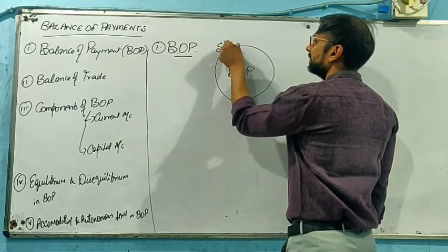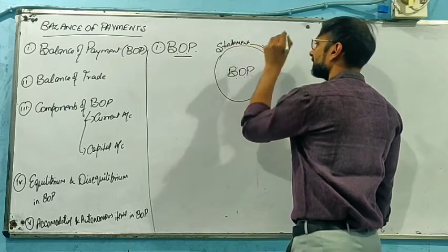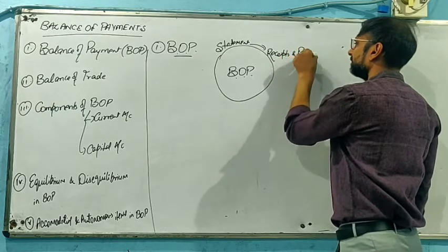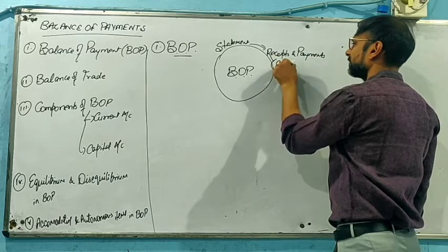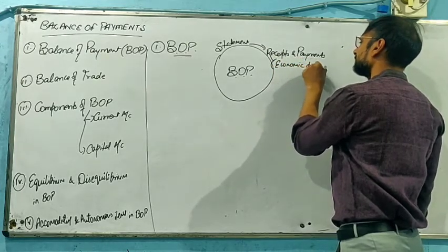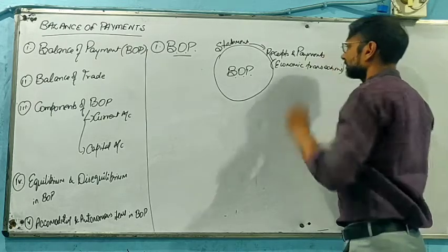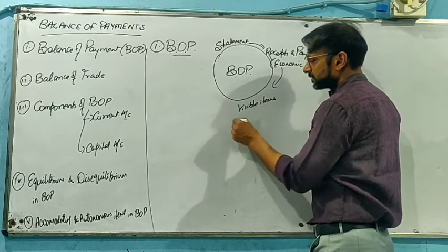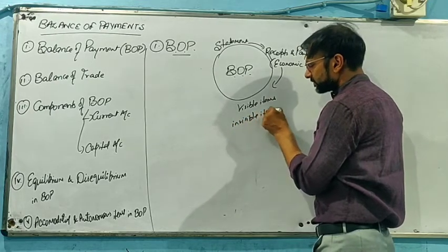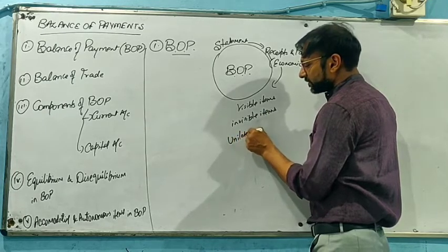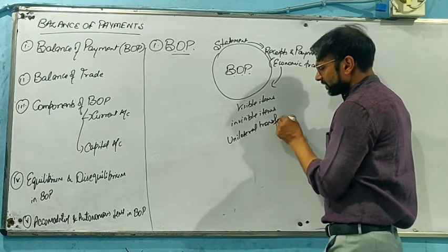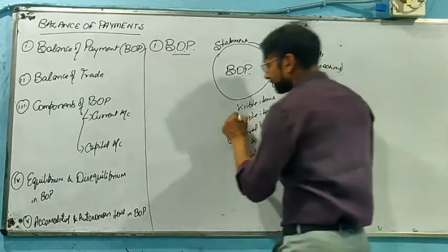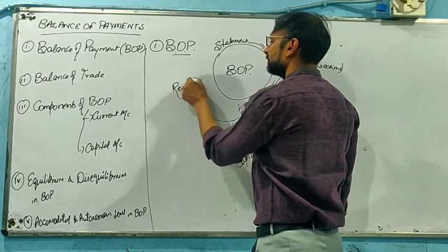balance of payment is basically a statement that is concerned with the receipts and payments, that we can call economic transactions, of visible items, invisible items, unilateral transfers, and capital transfers with the rest of the world.